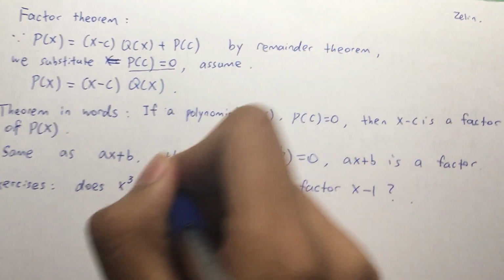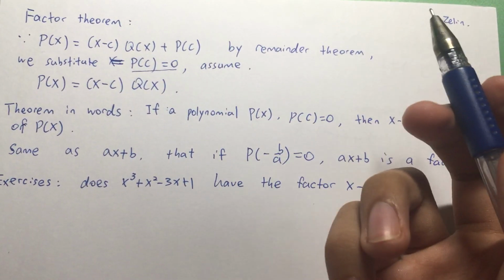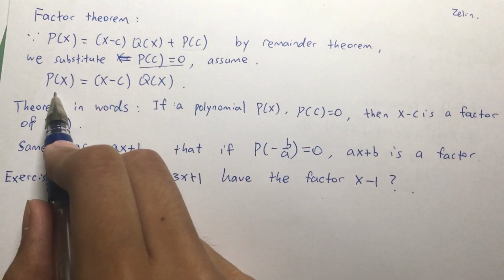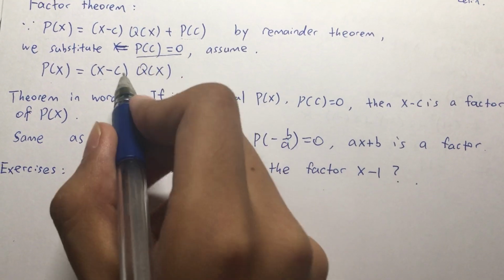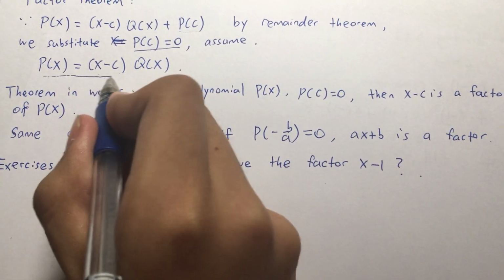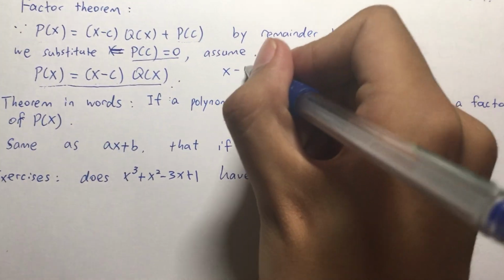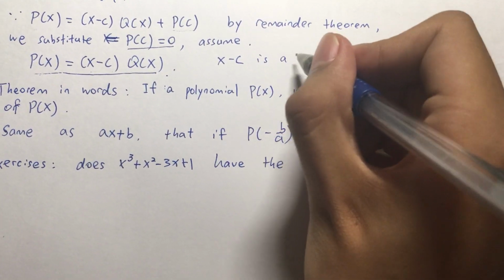So what will happen? P(c) becomes 0, which means P(x) is equal to (x minus c) times Q(x). And what does this mean? This means that x minus c is a factor of P(x).